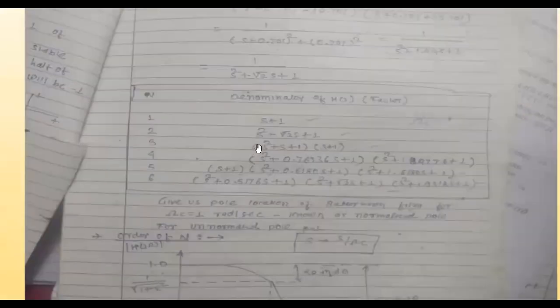You refer to these tables. So first, when the value of n is equal to 1, s plus 1 came. So how is this s plus 1 available here? So try to just see the discussion.